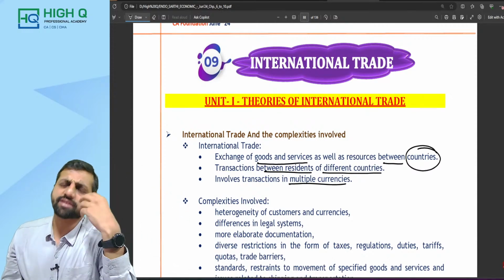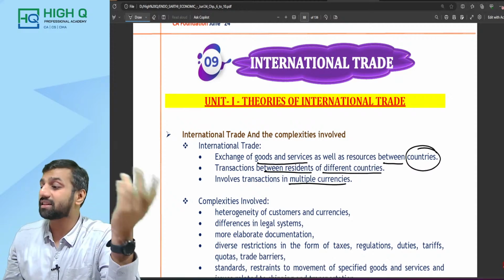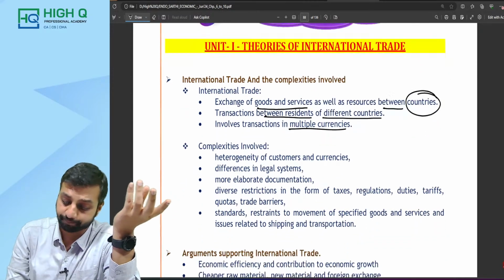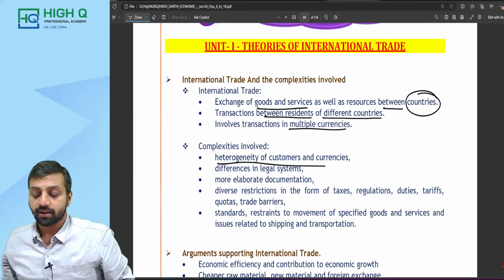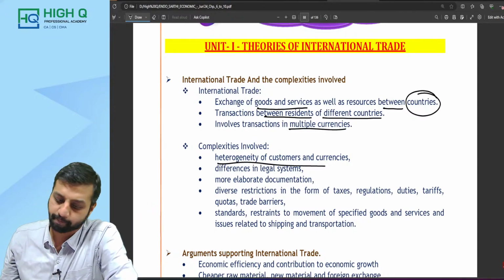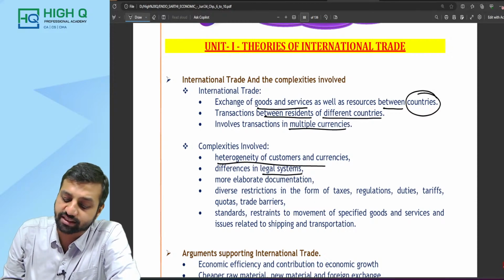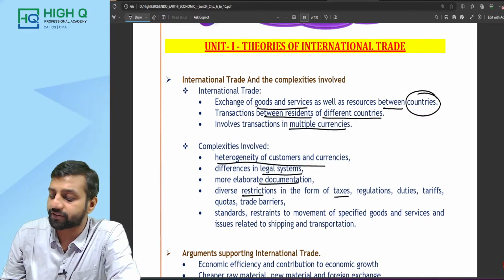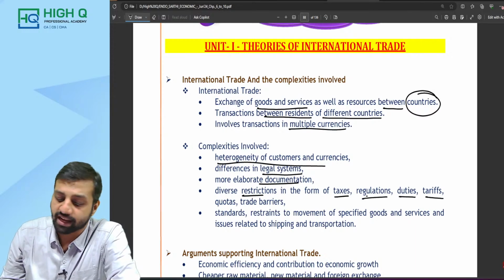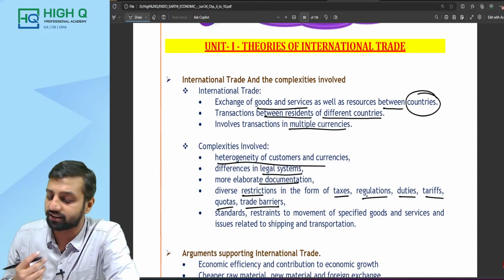So if there are transactions in multiple currencies, obviously there is a lot of complexity, that is heterogeneity of customers and currencies. There is a difference in legal system, more documentation, diverse restrictions in the form of taxes, rules, duties, tariffs, quotas, trade barriers.